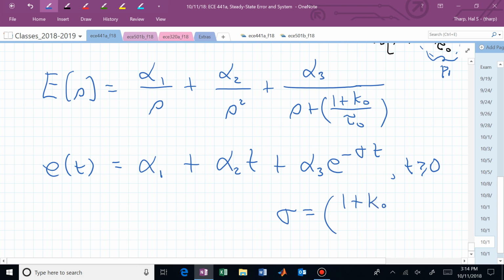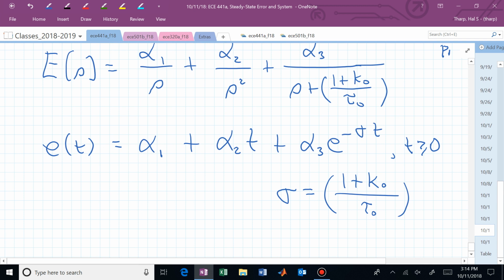Our pole is at minus sigma, where sigma is 1 plus k sub 0 over tau sub 0. And what does this say about our steady state error?